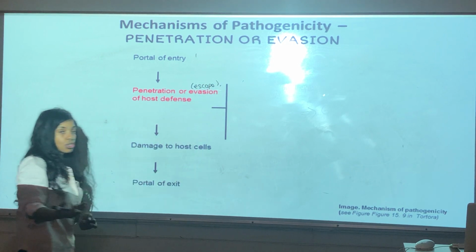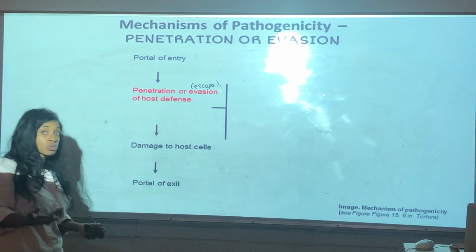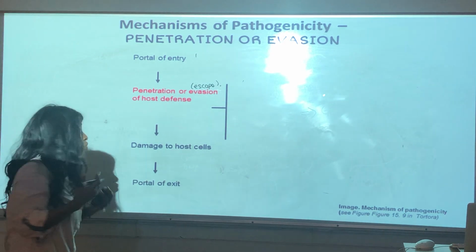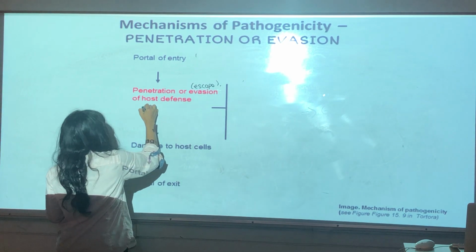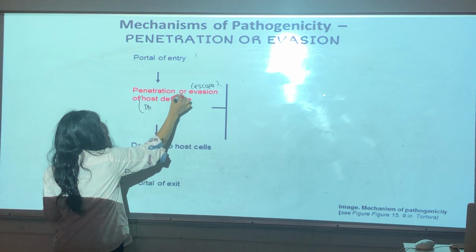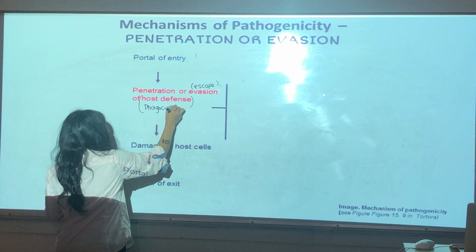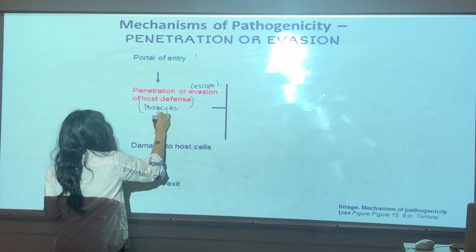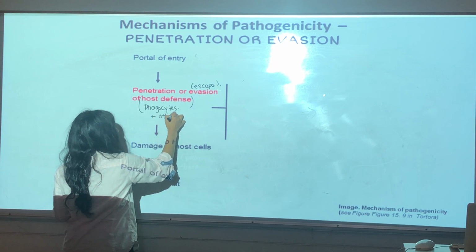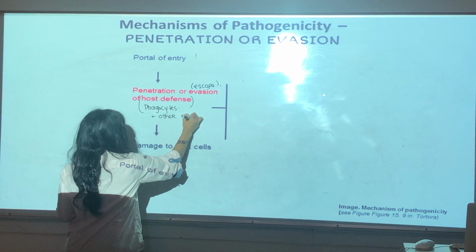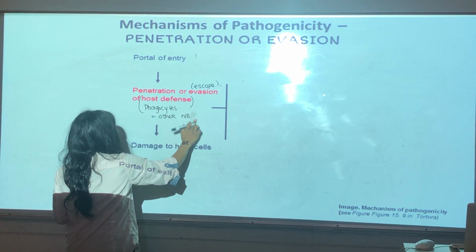And what host defenses are we trying to escape? Mostly those phagocytes, the white blood cells that are trying to eat our bacteria and other white blood cells. So they're trying to get past the other host defenses.